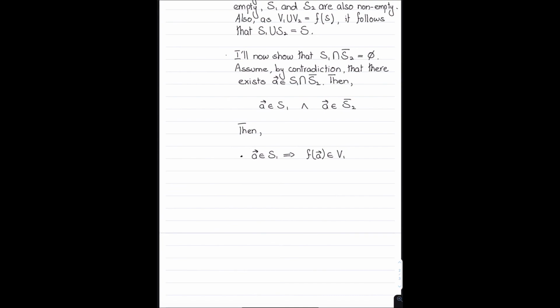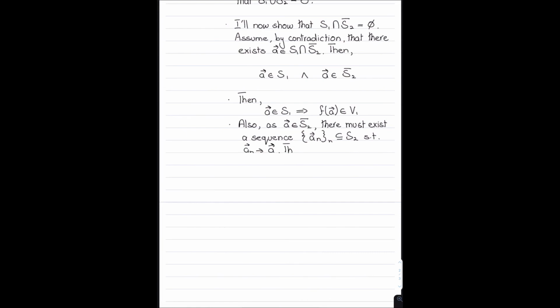If A is in the closure of S2, then there must exist a sequence in S2 that converges to A. So, as A is in the closure of S2, there must exist a sequence, let's say a_n, which is completely contained in S2, such that a_n converges to A.